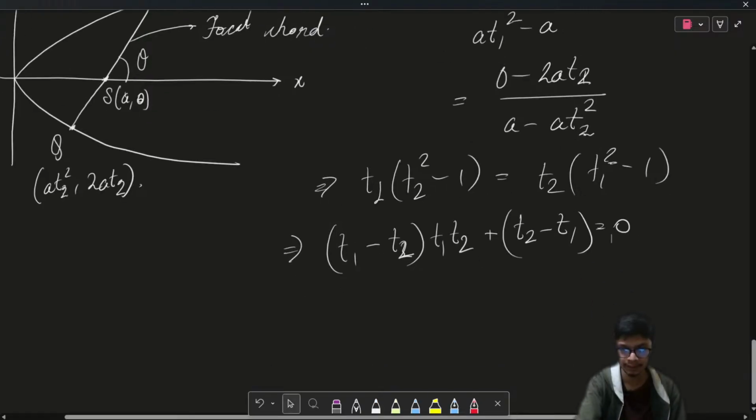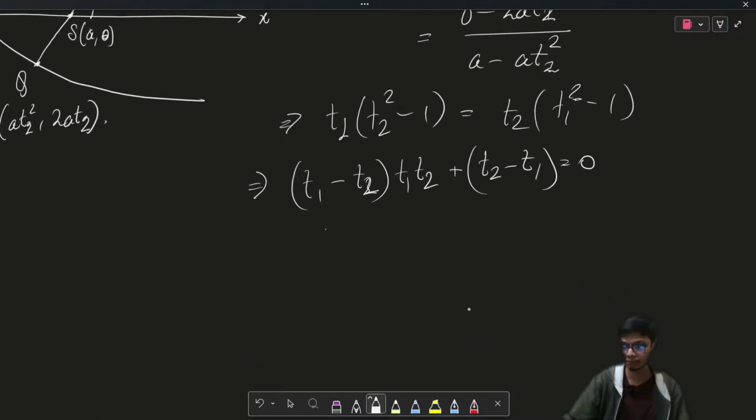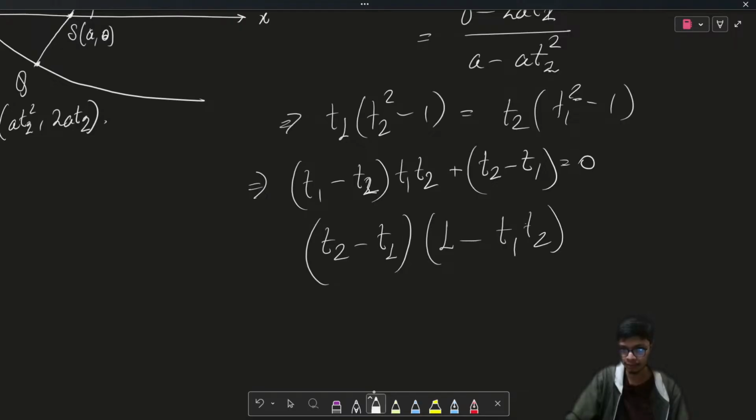So I can take t1 minus t2 as common, or t2 minus t1 as common. Let me check. Oh, I have made a mistake. It should be (t2 minus t1) times (t1 t2 plus 1) equal to 0, right?